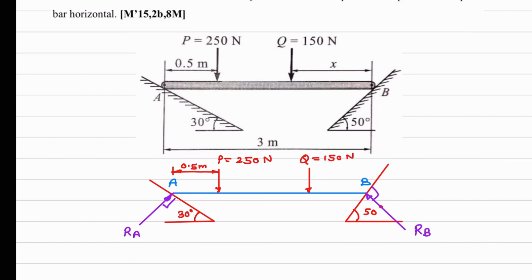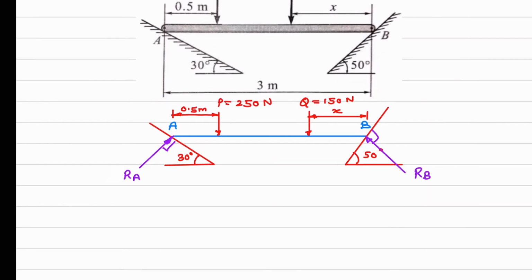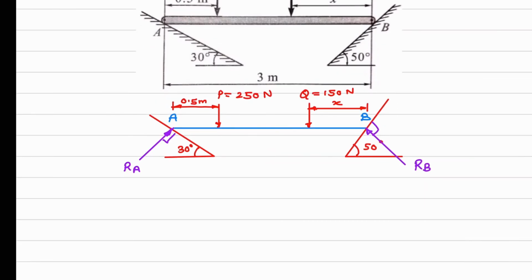And we have to calculate this distance x. Now the total length of the bar is given in the question. So I'll show the total length of the bar. This is the total length of the bar. It is given in the question as 3 meter. Okay, so I have drawn, what is this? This is the FBD of bar AB.